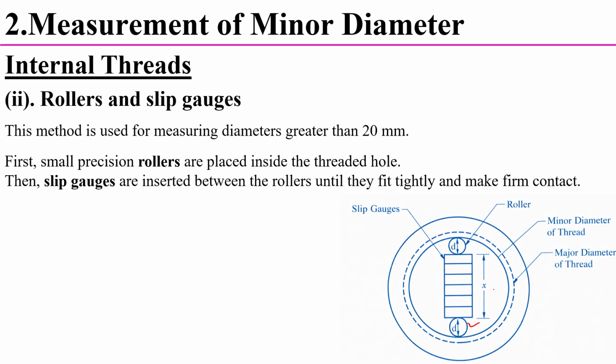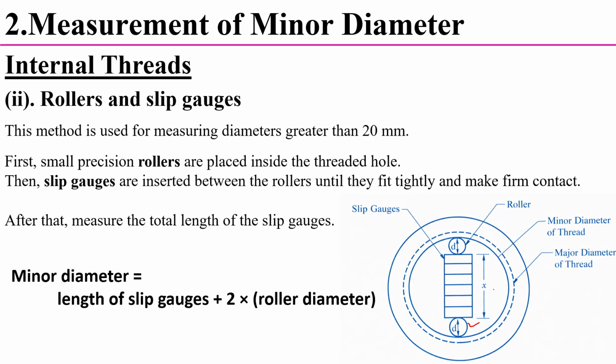First, small precision rollers are placed inside the threaded hole. Then slip gauges are inserted between the rollers until they fit tightly and make contact. After that, measure the total length of the slip gauges. Let's consider here small x is the length of the slip gauges.